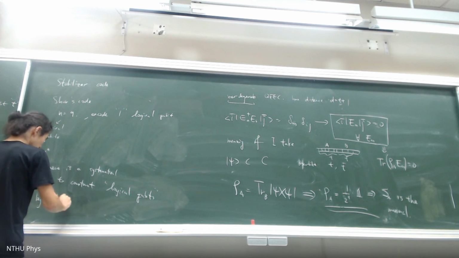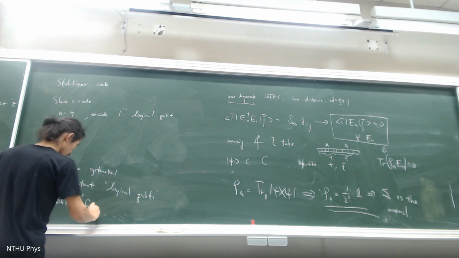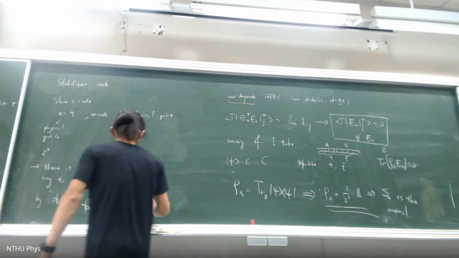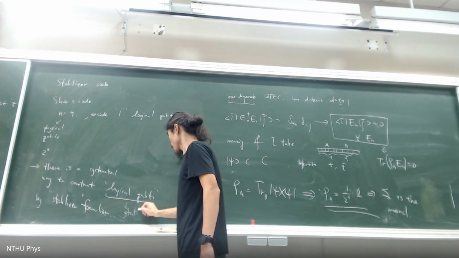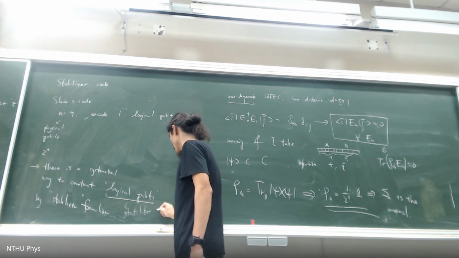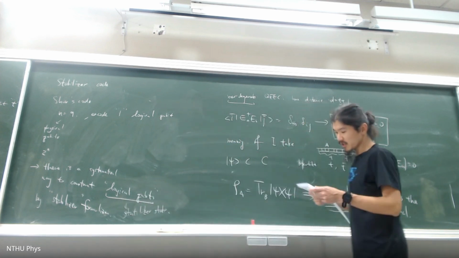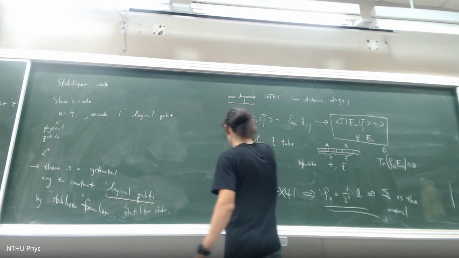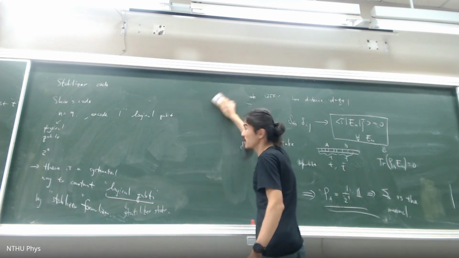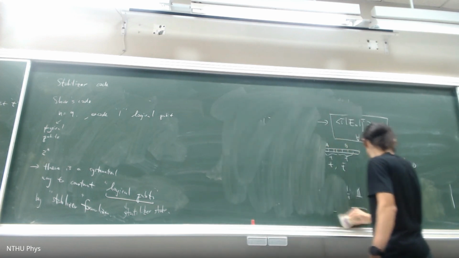It's called the stabilizer formalism. And this logical qubit or logical state is called the stabilizer state. This is the motivation, and then we first try to demonstrate some examples and get some feeling for this stabilizer code.